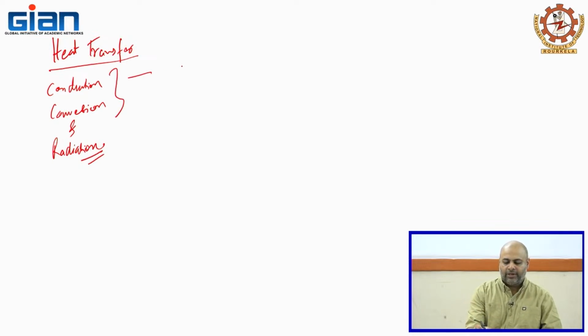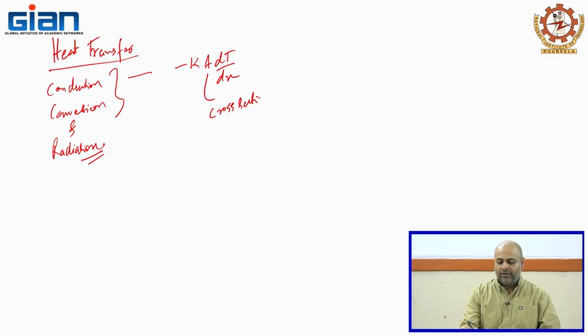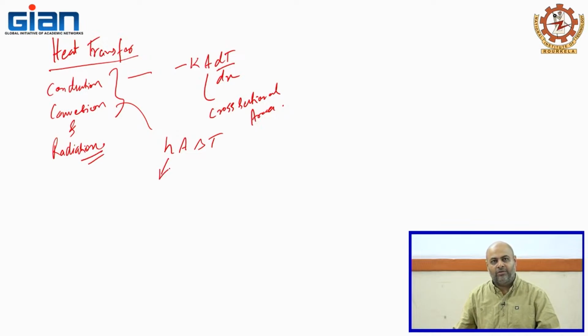So conduction, we do have the equation, which is your Fourier's law, where your K is your conductivity, the A is your cross sectional area, and then you have your temperature gradient, dT by dx. In case of your convection, it is hA delta T, where your h is your convective heat transfer coefficient.